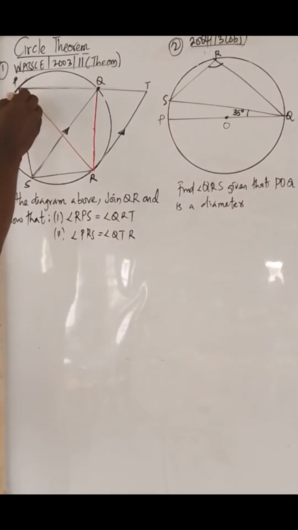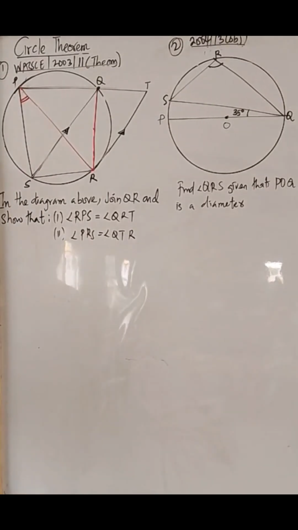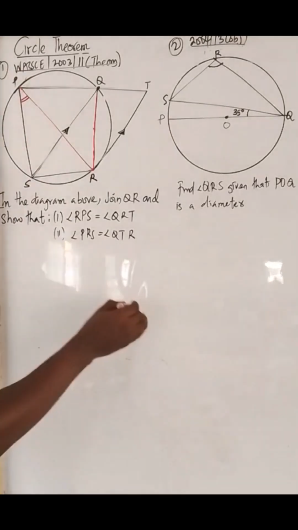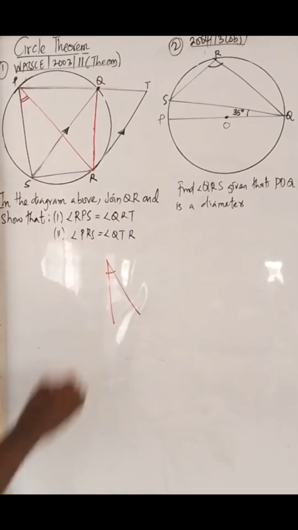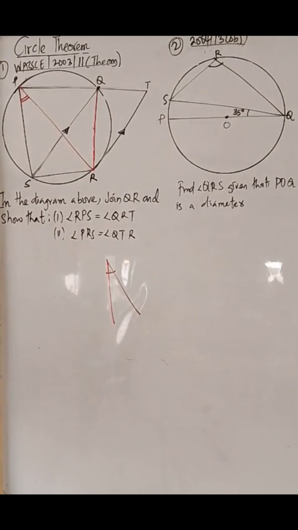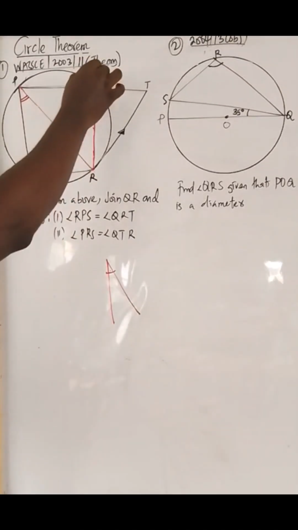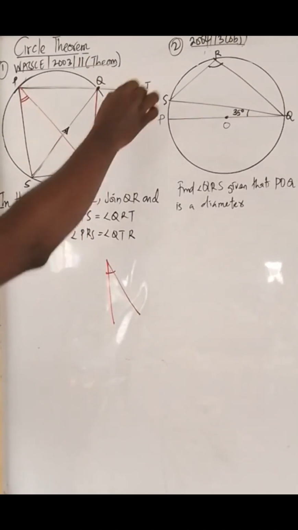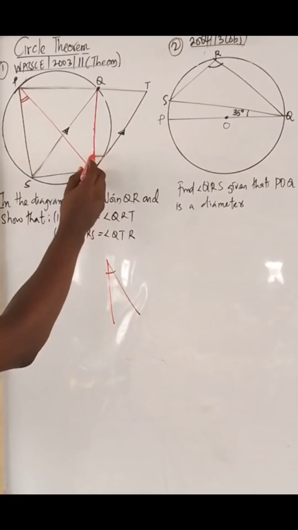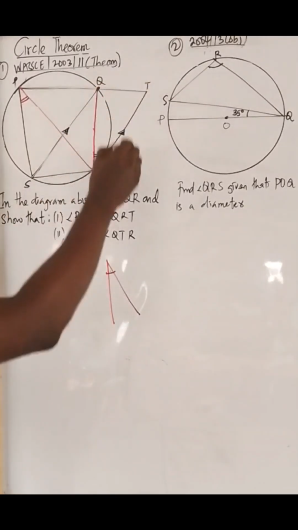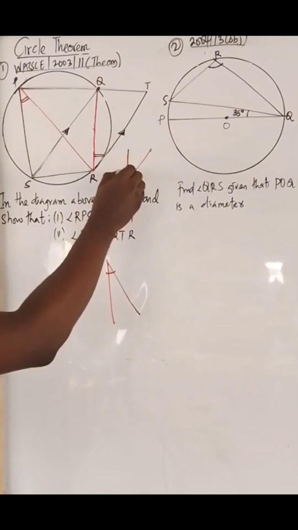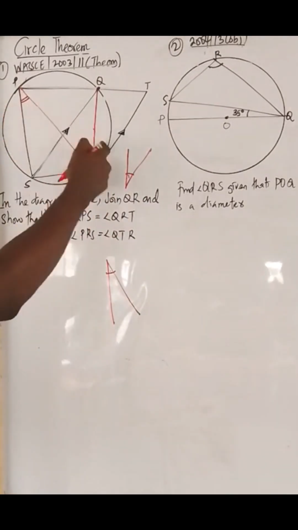RPS, this angle. We have to show that this angle RPS equals angle QRT, this angle here. We have to show that these two angles are equal.